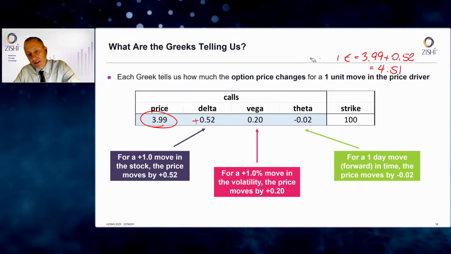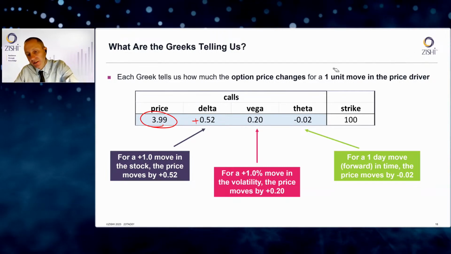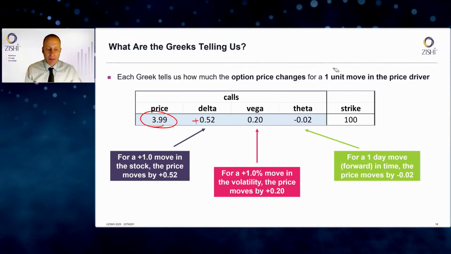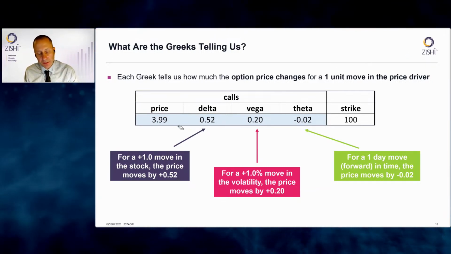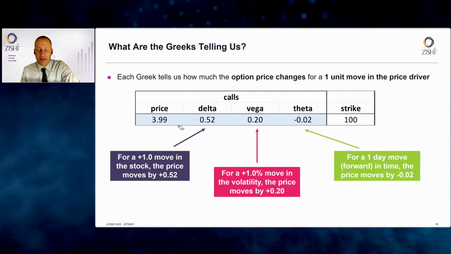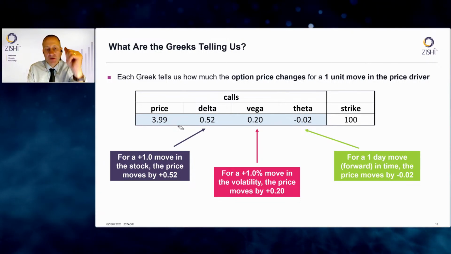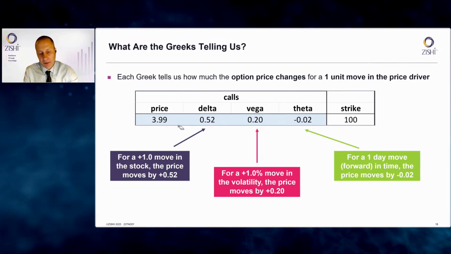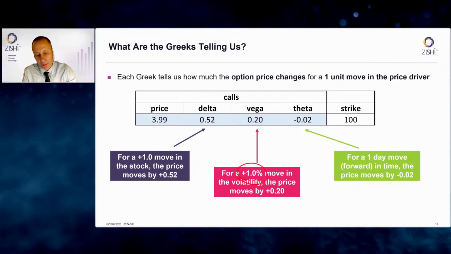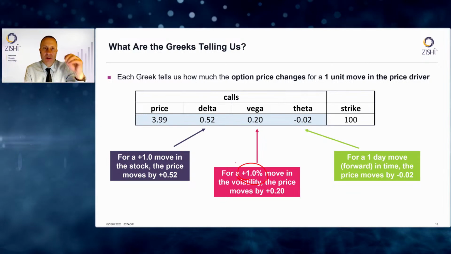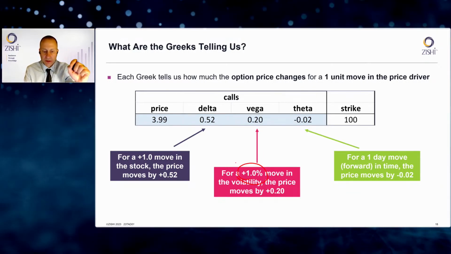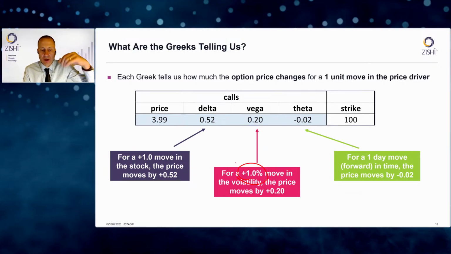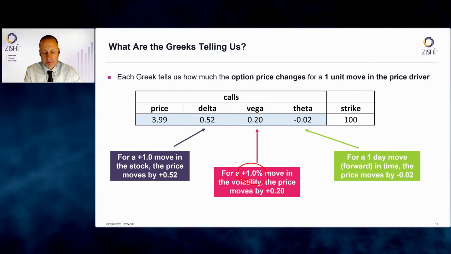So understanding my delta tells me that if the underlying stock moves by 1 unit, the price will change by the delta amount. Vega and theta tell me the same, but for 1 unit in their price driver. Vega tells me that for every 1% movement in the volatility input to my pricing model, my option is going to go up or down by 0.2.